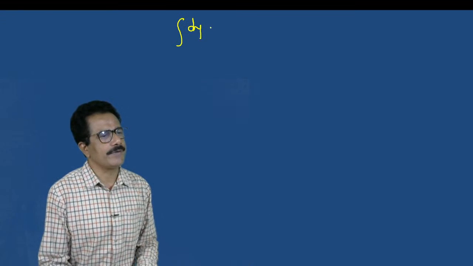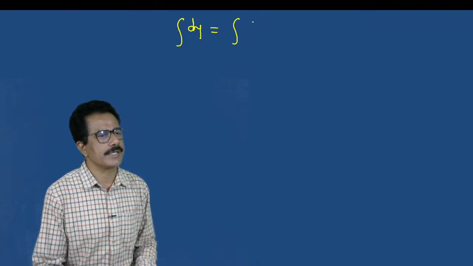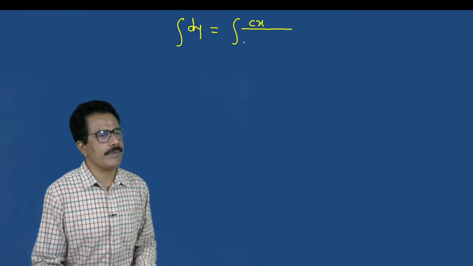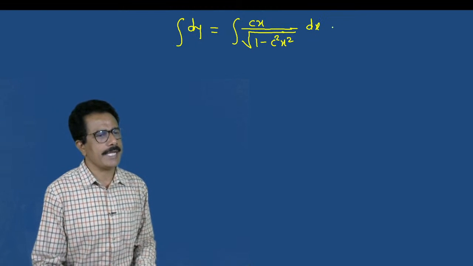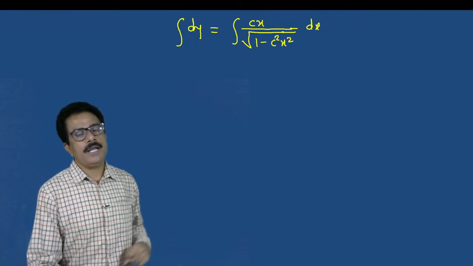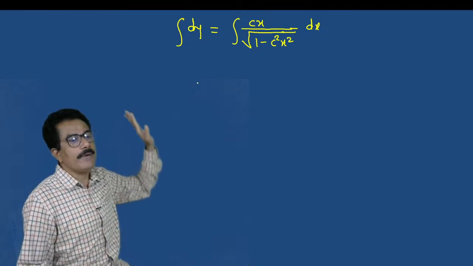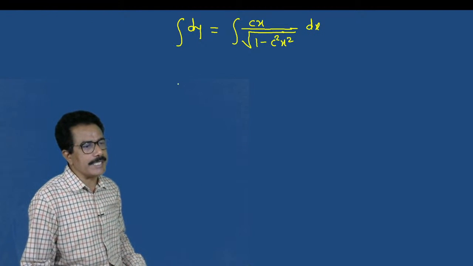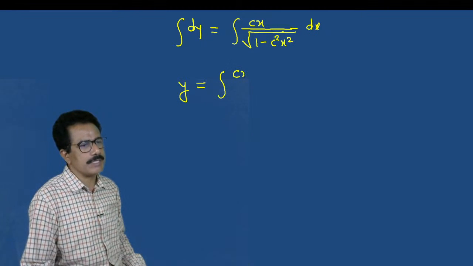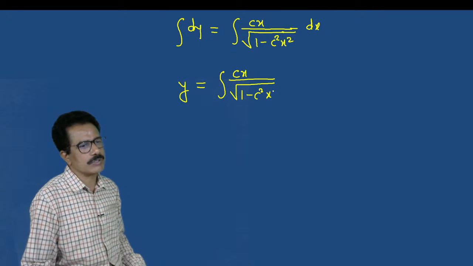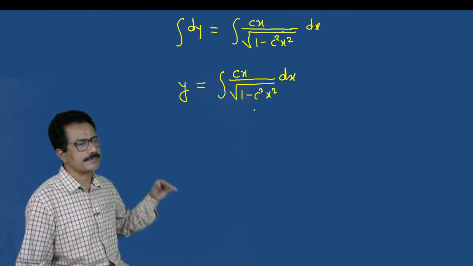Now take the integration. Integration of dy is equals to integration of Cx divided by root of 1 minus C square x square into dx. Now here our aim is to find out the integral. The integral of dy is y, equals Cx divided by root of 1 minus C square x square dx.